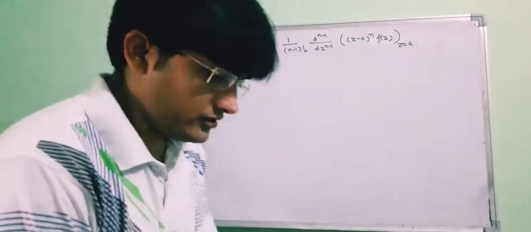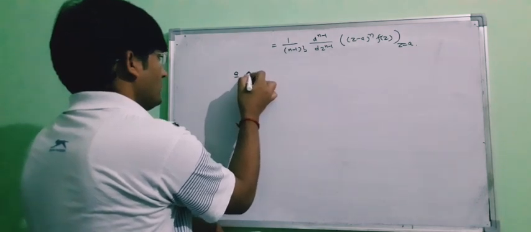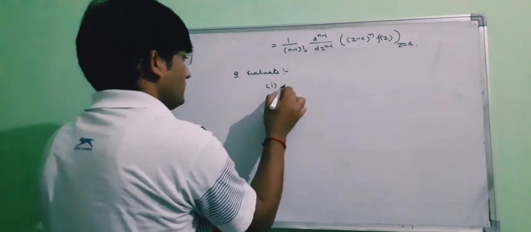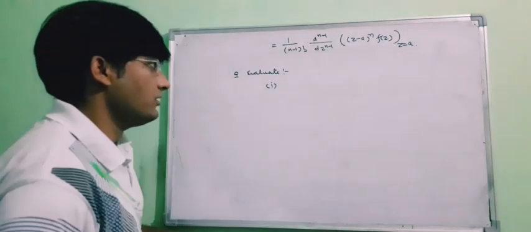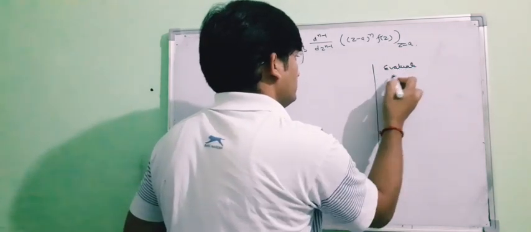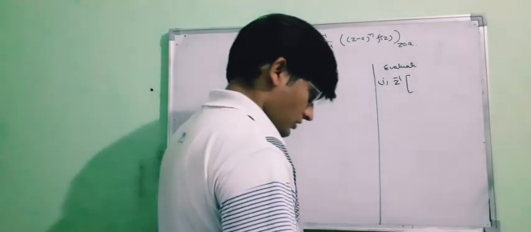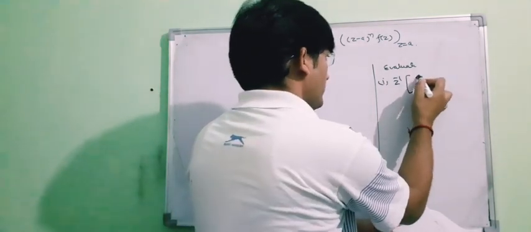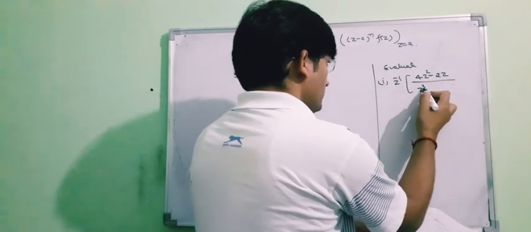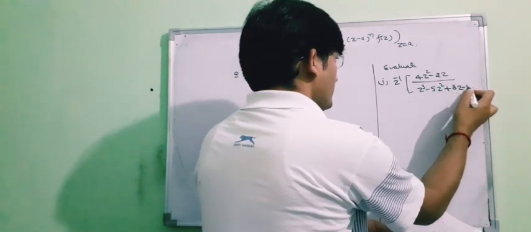Let us compute the inverse z transformation. Question: Evaluate the inverse z transformation of, the first question, (4z square minus 2z) divided by (z cube minus 5z square plus 8z minus 4).